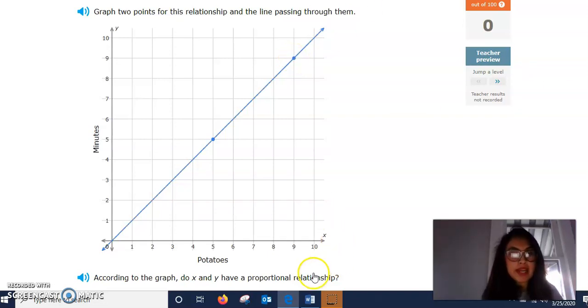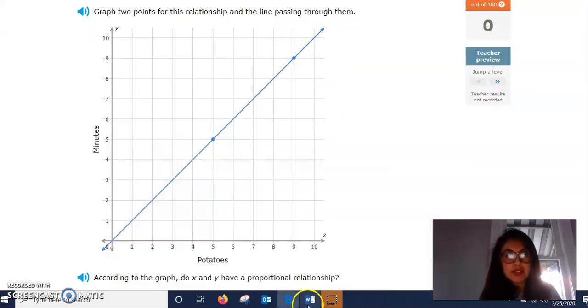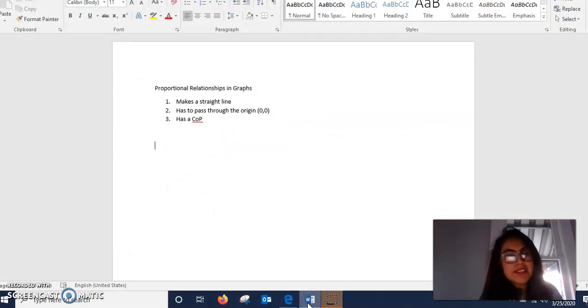So I'm going to go back to my key points. It seems like it does make a straight line. It does pass through the origin 0, 0. Now, what about the COP? You can only have a COP if you have 2 equivalent ratios.